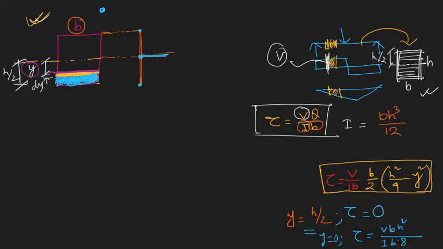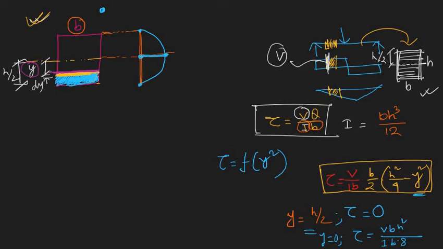And now from 0 to the neutral axis, how does it vary? Does it vary linearly? No. Here you can see that tau is a function of y square, so it varies parabolically. So the distribution looks like this.